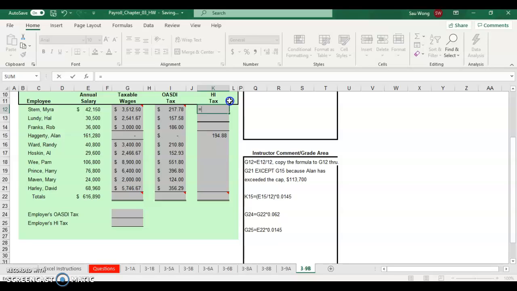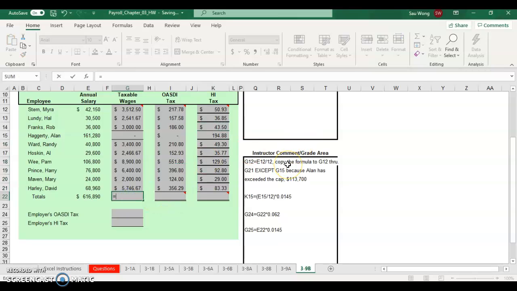Okay, and then HI Medicare equal to E12 divided by 12 months times 0.0145. Then you drag down the formula, and then you copy this K14 to K16 through K21.